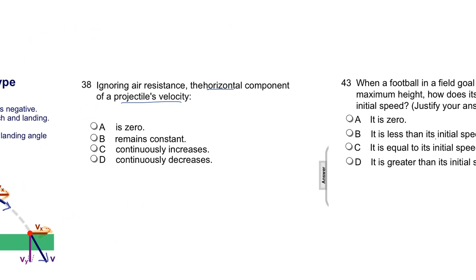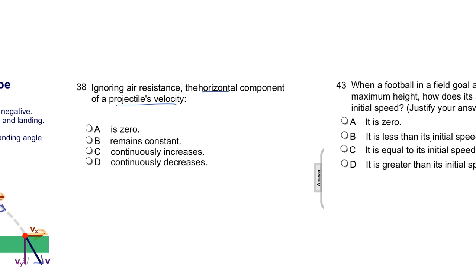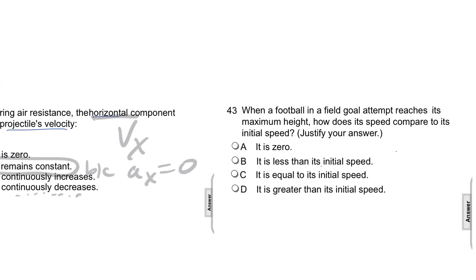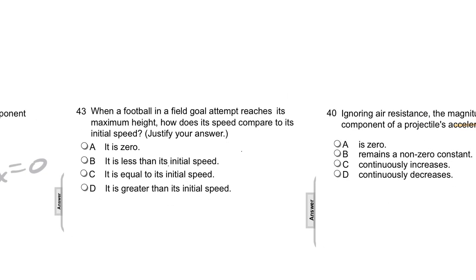Ignoring air resistance, the horizontal component of a projectile's velocity, Vx, stays constant because Ax is 0, that's why. Now if there's air resistance, it would continuously decrease, but usually we say air resistance is negligible.